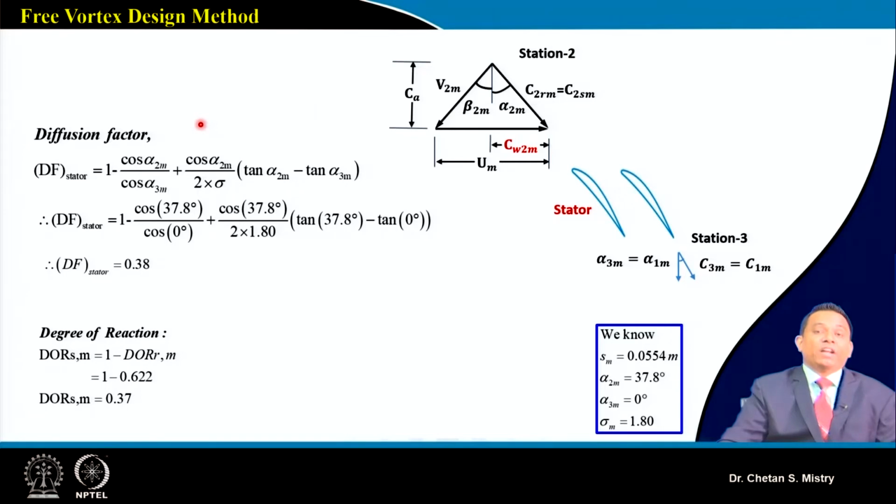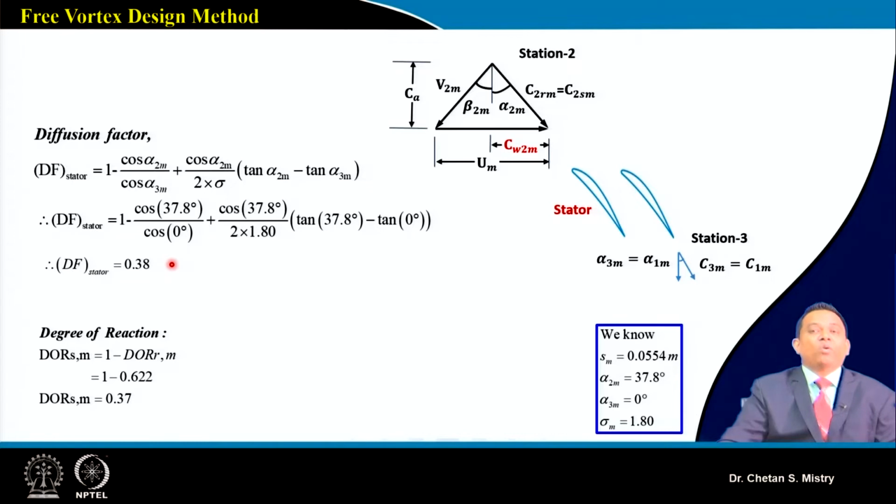Remember, when we discussed the diffusion factor calculation for rotor, we took flow angles beta 1 and beta 2. In line with that, for stator we will consider alpha 1 and alpha 2. For our case, the entry is alpha 2 and the exit is alpha 3. Putting all these numbers, my diffusion factor for the stator is coming 0.38.